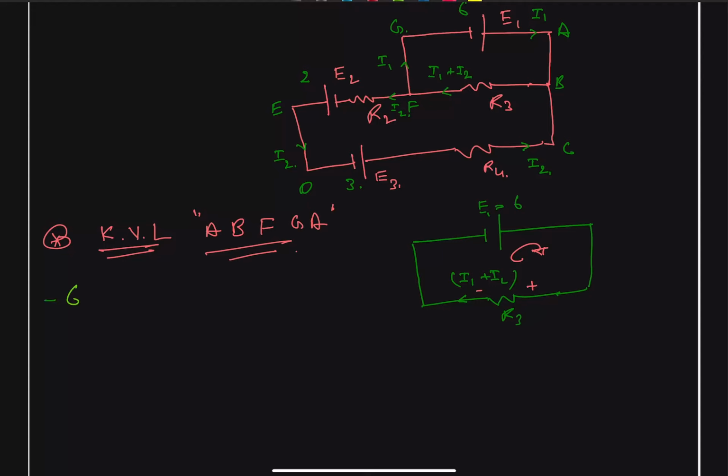So we can say minus of 6, and this comes at, sorry, not plus but minus, and that will be equal to our fall in potential, that is of R3 multiplied by I1 plus I2, and their summation will be equal to 0.